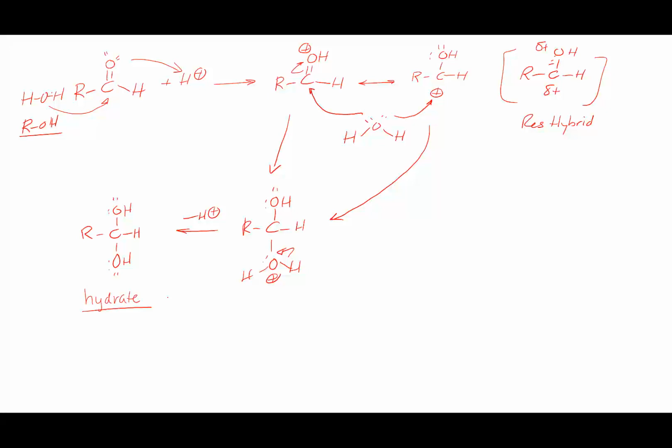Now here's something kind of new. So the acid is a catalyst, so it's still hanging around. What could it do? It could protonate one of the OHs, and we could go backwards. And then what could happen to this molecule? I could lose water and end up back here.